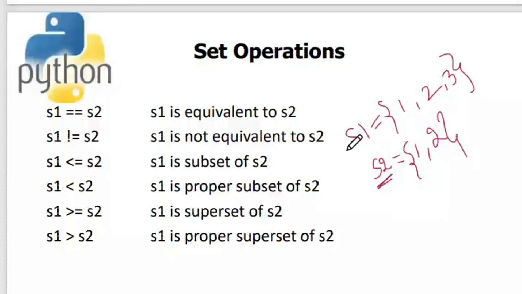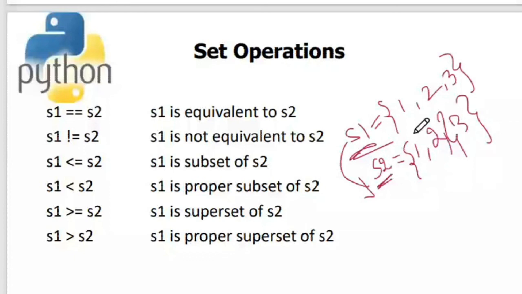But say S2 is having 1, 2 and 3. So what do you say? You say that S2 is a subset of S1, because it's having all the elements. But if it is having one element less than S1, and all the other elements it's having are from the set S1, then you call it a proper subset of S1.